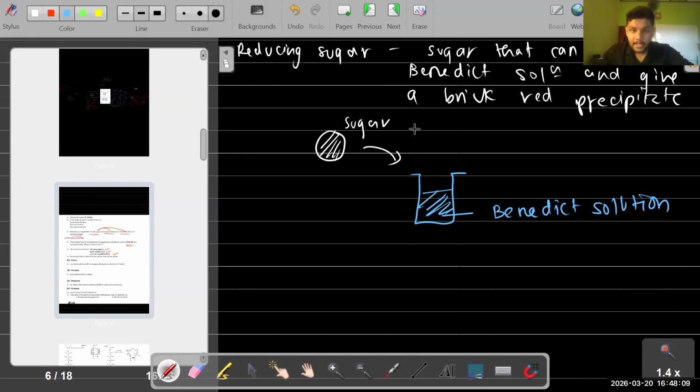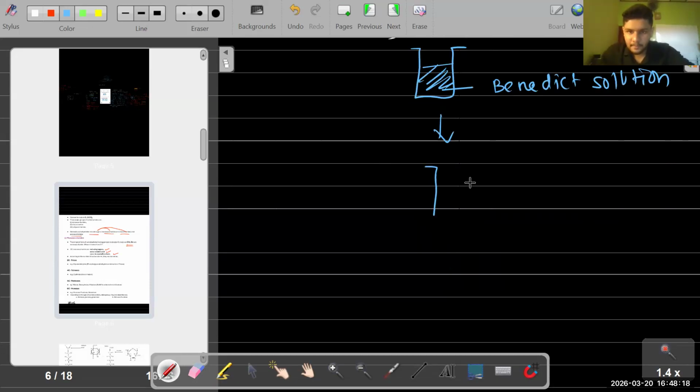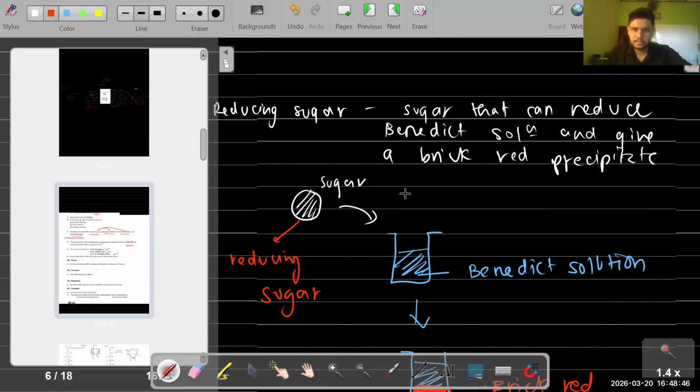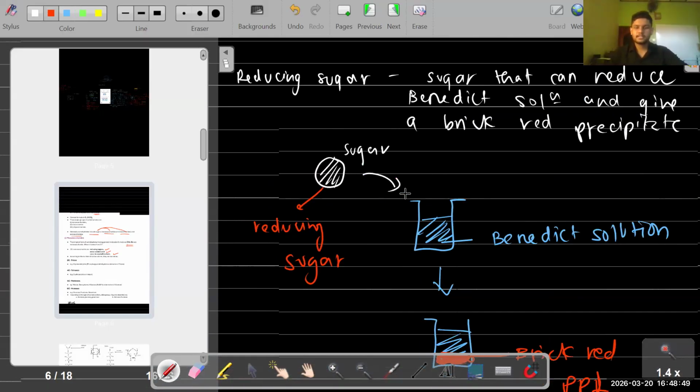If this sugar is a reducing sugar, as soon as I add it into Benedict solution, it will form a brick red precipitate, which means there would be a brick red color precipitate. So if a brick red precipitate is formed, we can say that this sugar is a reducing sugar. So all monosaccharides give this test. They will pass this test and give a brick red color precipitate. Can you understand what a reducing sugar is? Just check whether you can understand this.